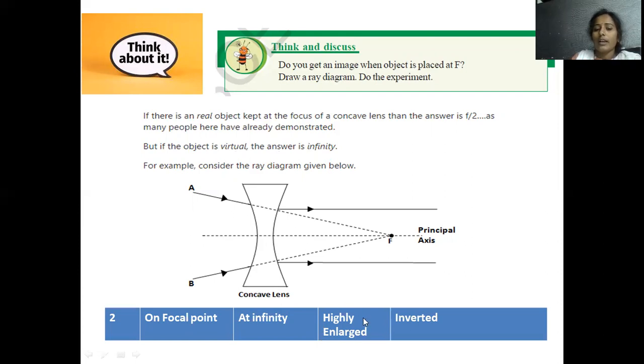And it will always be enlarged. The size of the image will be very large in nature, and it will be inverted. If the object is vertically upright, an exactly inverted image will be generated with a larger size, at a greater distance, and that distance we are not able to measure. Infinite distance, you can say.